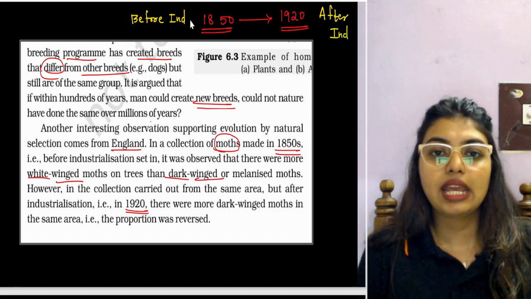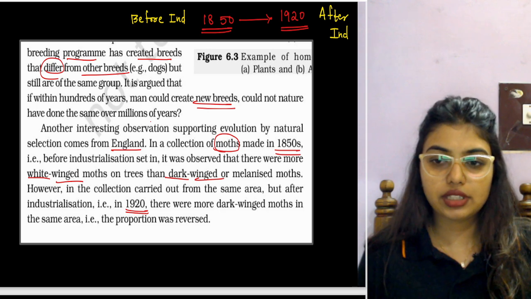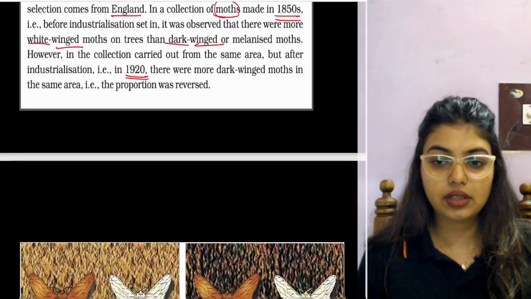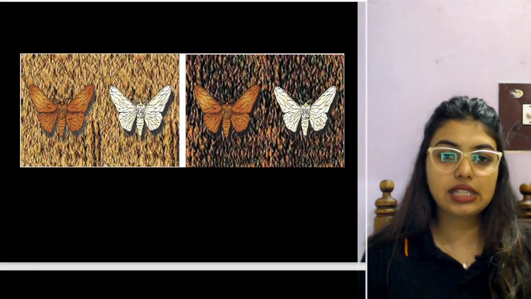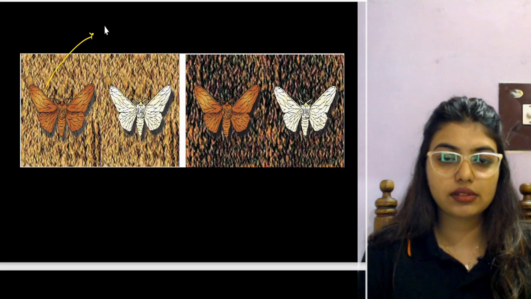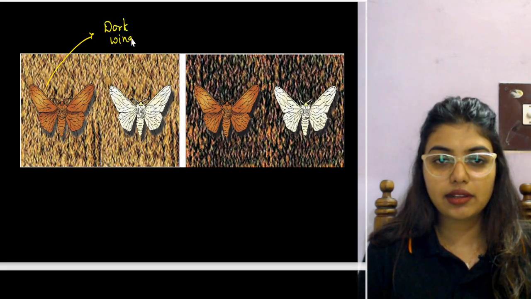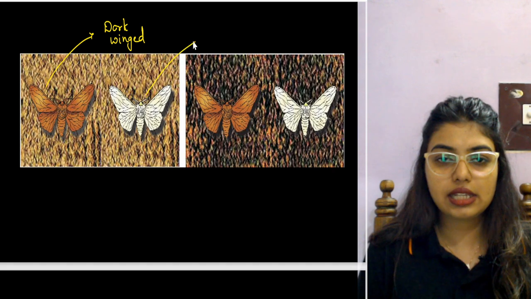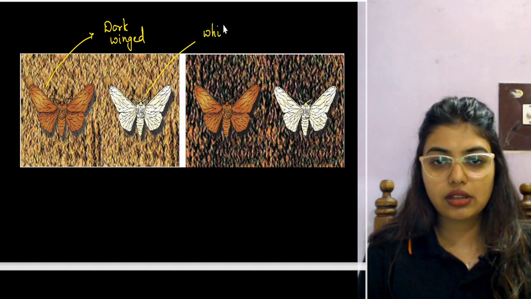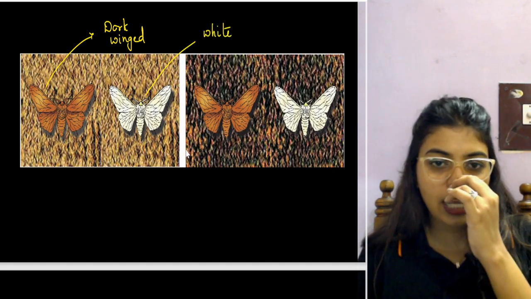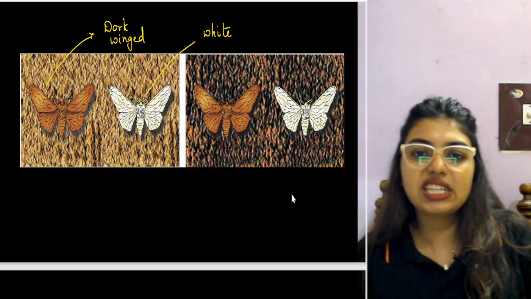Now what happened? They noticed, I'll tell you the further thing. Look here, students, these are the dark winged moths. These are the white or light winged moths. Now when you see here, obviously this is coloration.